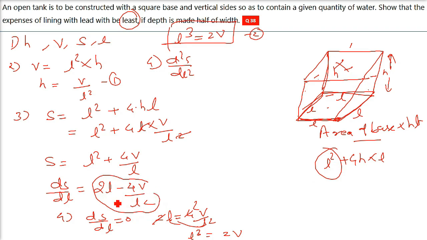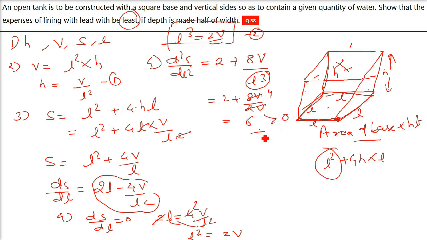That is the whole idea of this chapter, maxima and minima. So d2S by dL square, differentiating this equation, will be 2 plus 8V by L cube. Now in place of L cube, just put this 2V from equation number 2. So this is 8V by 2V, this is 4. So you will get 6. It is positive. Positive means least, minimum.